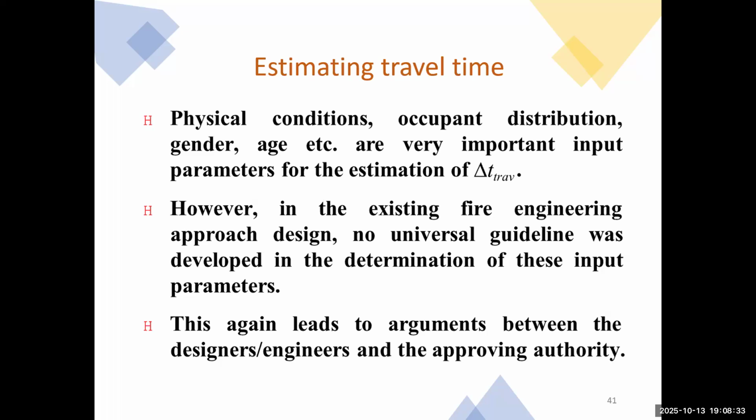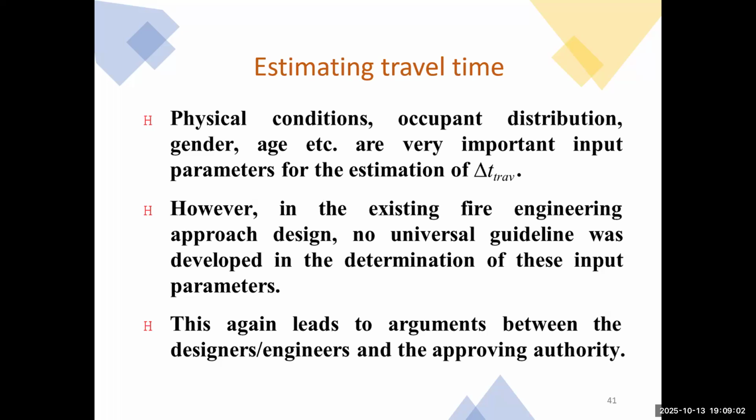Based on performance-based design, both the pre-movement time and the travel time can be simulated in our software. Sometimes we can get input data such as the occupant density, the building design, the building layout, and the fire device to get the total ASET.